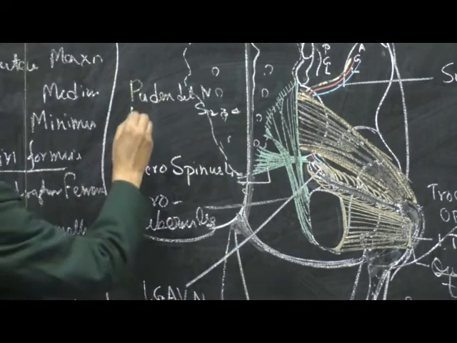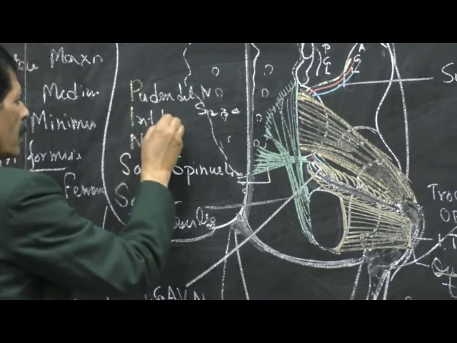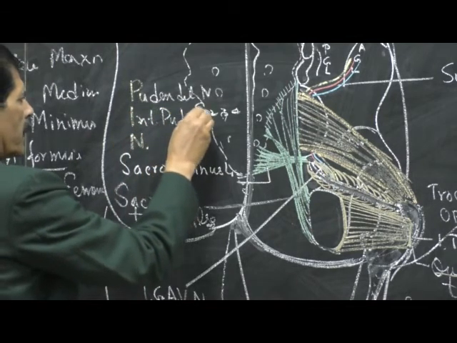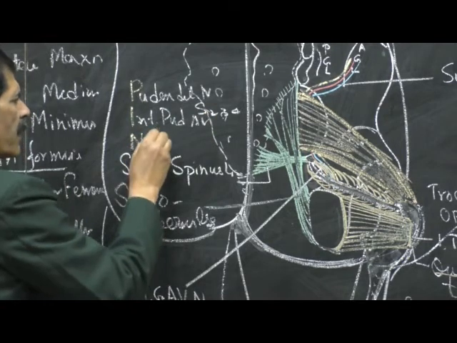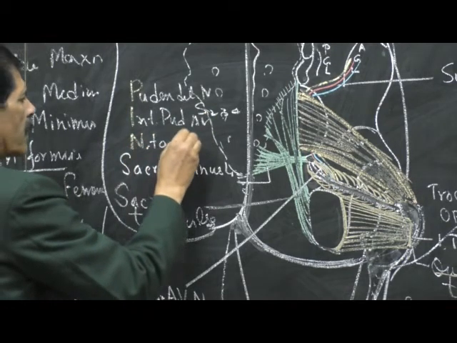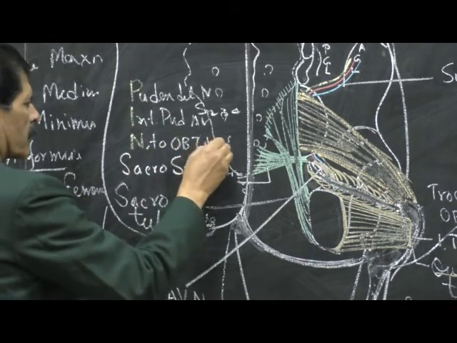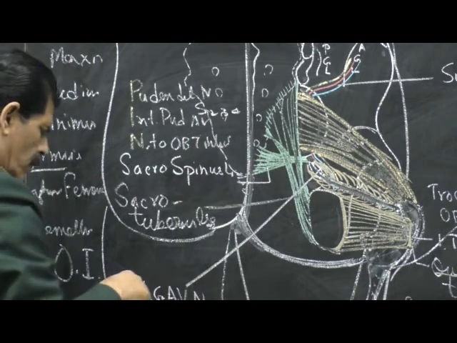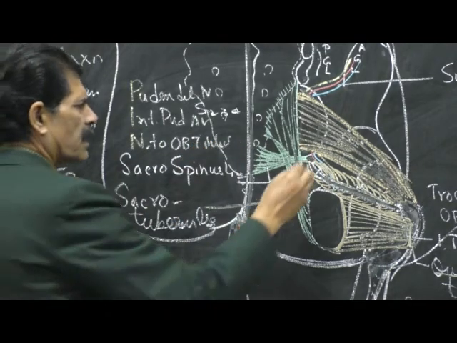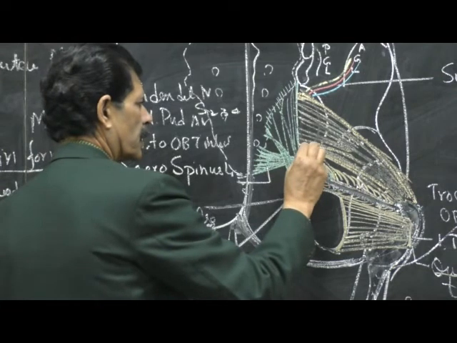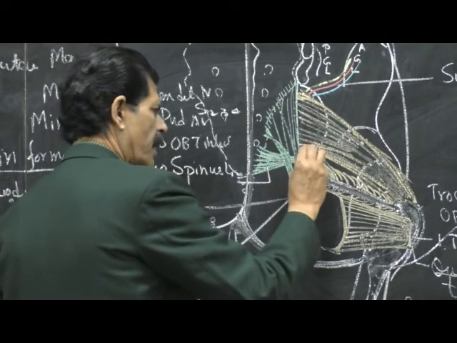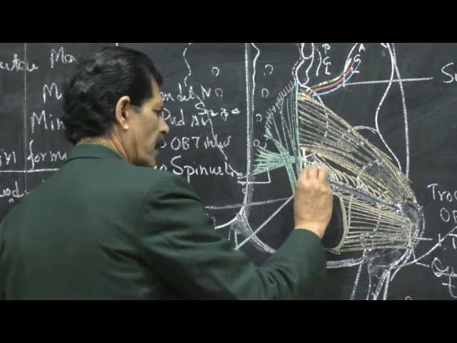I stands for internal pudendal artery and the vein, and N stands for nerve to obturator internus. So these three structures come from the greater sciatic foramen and enter into the lesser sciatic foramen.